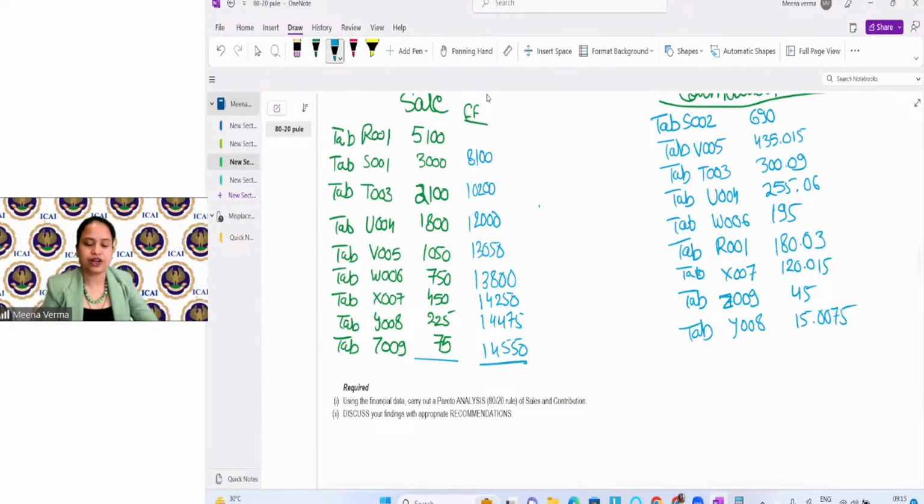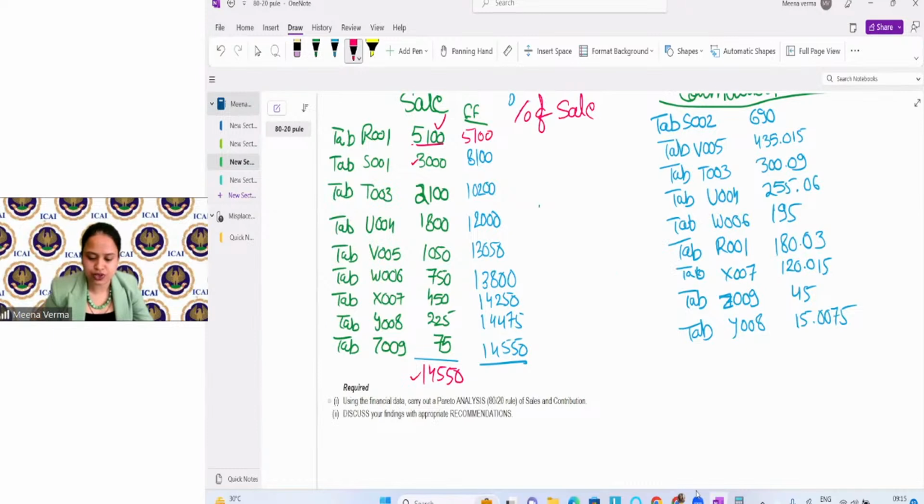Now we have to find the percentage of sale here, right? So how will we find it? 5100 divided by the total value. The total value is 14550. So this divided by this, then the next divided by this.